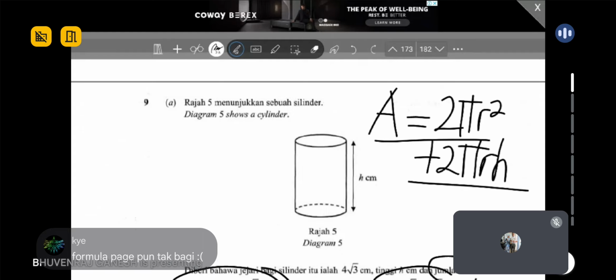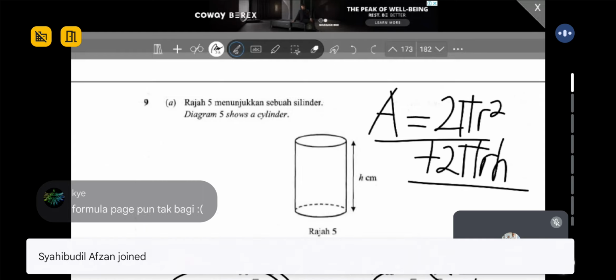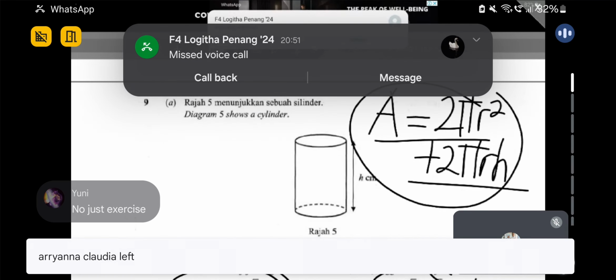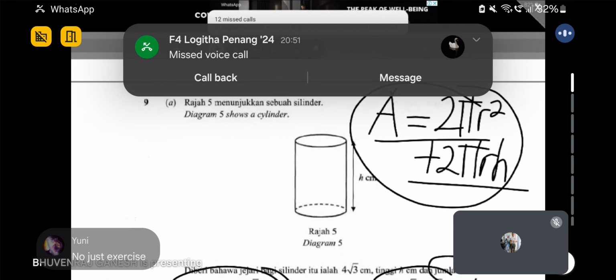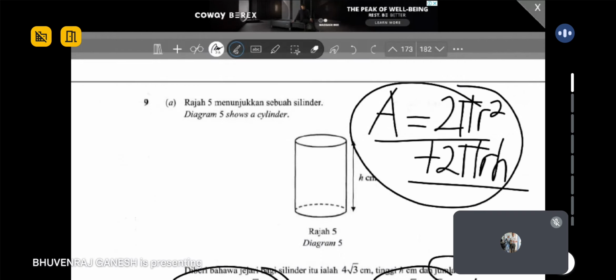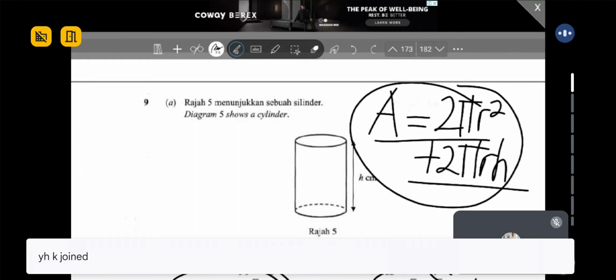Oh, exam or what? Is it exam? Formula page pun tak bagi. Yes, Admaths guys, mereka takkan bagi formula ni. Do you all understand or not? Okay, Admaths will never give you this formula. Okay, pasti takkan bagi. Only modern maths will give you the formula, guys. Okay, hanya mathematic modern sahaja. Okay, are you clear? So must memorize, guys. Kena ingat.